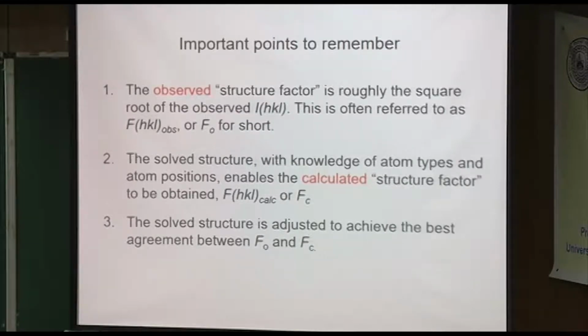During the refinement process, you're trying to make them agree with each other the best that you can using some kind of scale factor, sometimes called K, because they're not going to be on the same scale.